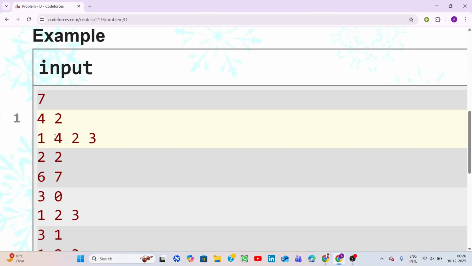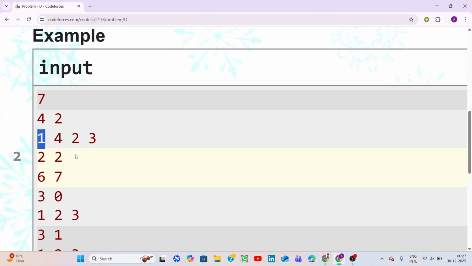When an elf attacks another elf, the reduction of the other elf's health is done from the hi value. It means if this elf attacks this elf, then this elf's hi value will be subtracted from this elf's ai value, and this elf's hi value will be subtracted from this elf's ai value.